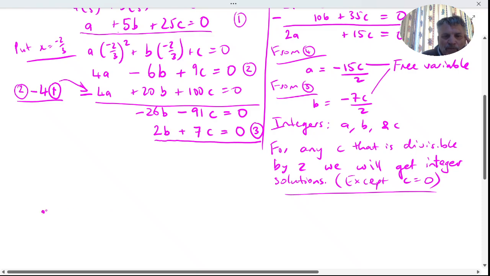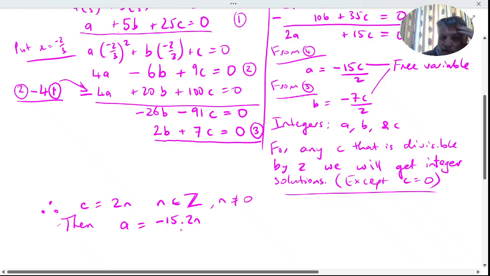So therefore, let's say c equals 2n. n is an integer. Normally, integer is denoted by this Z symbol, and n is not equal to 0. Then a equals minus 15 times 2n over 2.